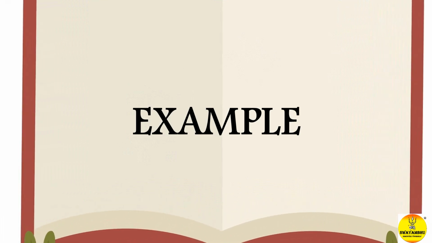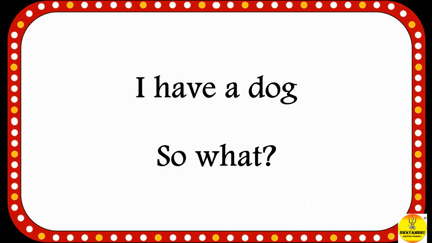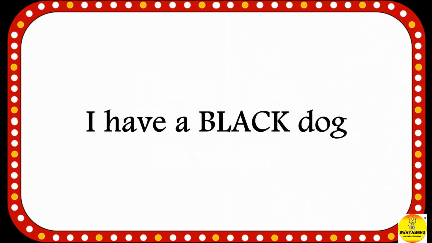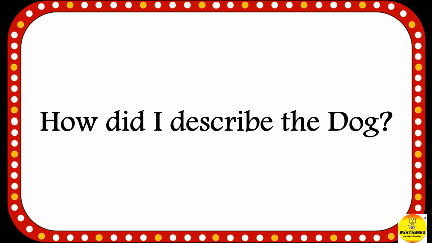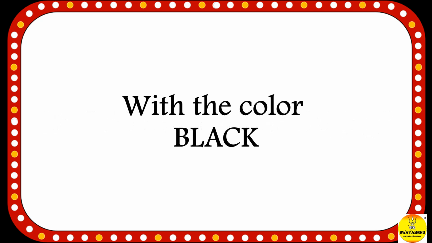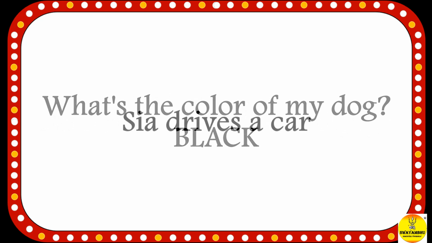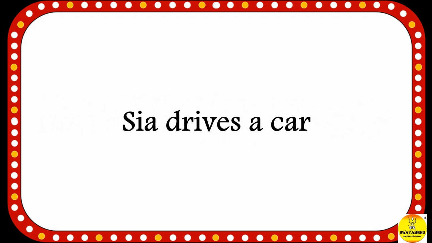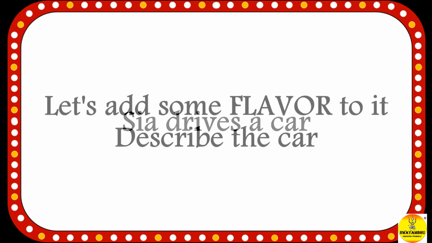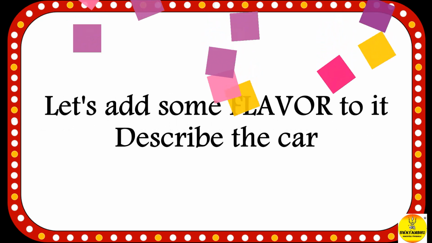Take a look at these examples now. I have a dog. Okay, so what? I have a black dog. So now how did I describe the dog? With the color black. What's the color of my dog? Black. Sia drives a car. Let's add some flavor to it.